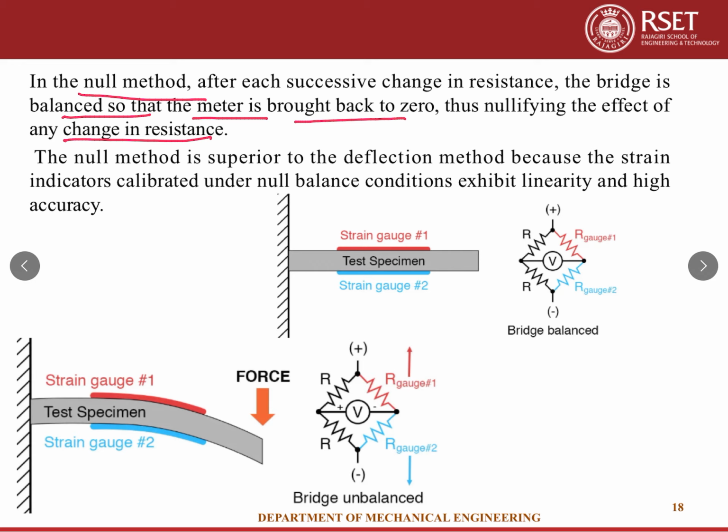So here in the null type, with the change in the resistance of the strain gauge with the change in the strain, the Wheatstone bridge becomes unbalanced. There is a voltage variation, and what we do is we rebalance the system and do the measurement. So that is why it is called the null method.